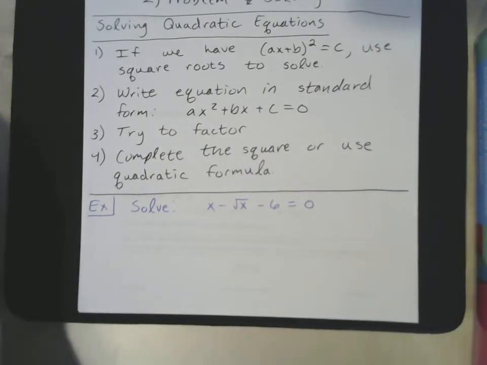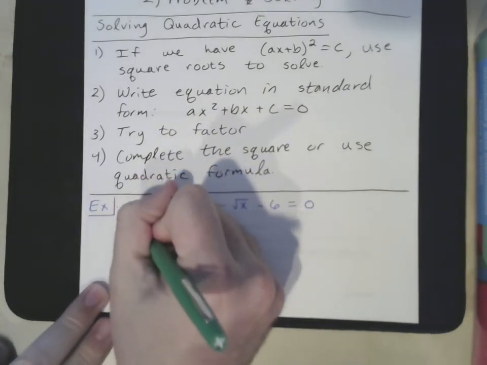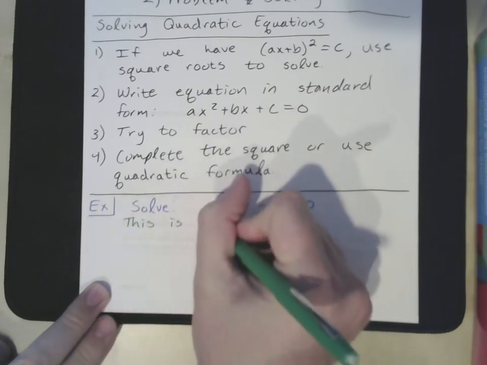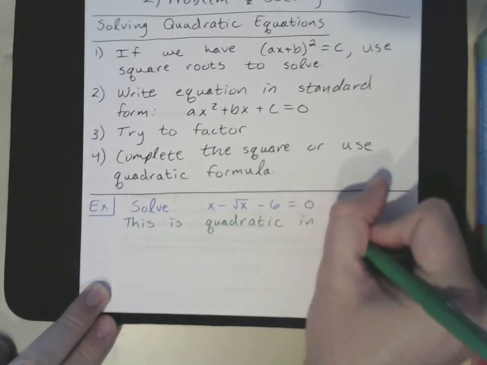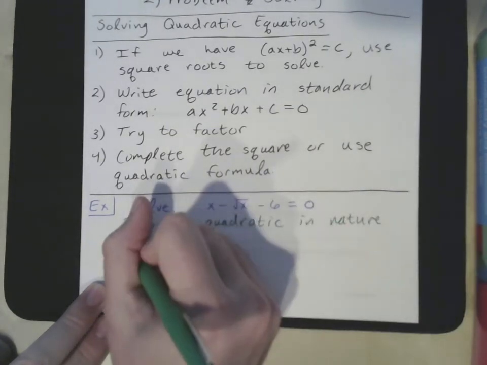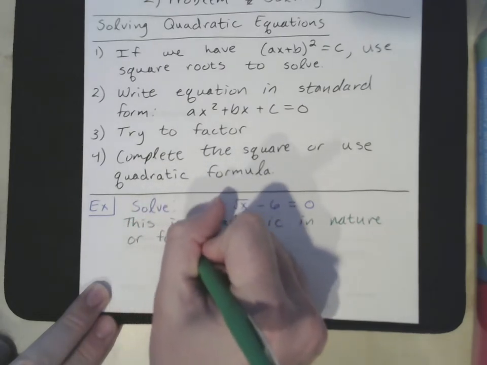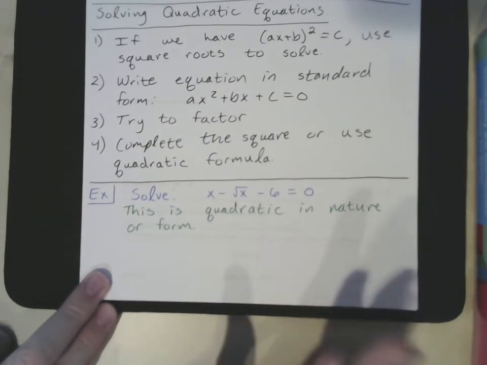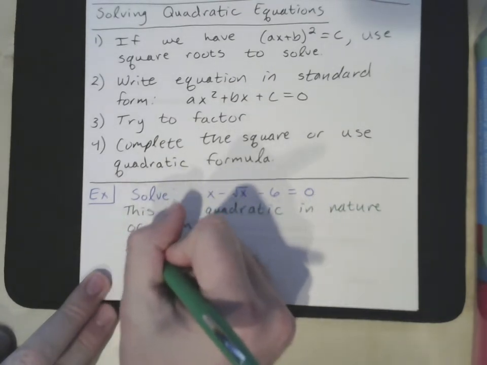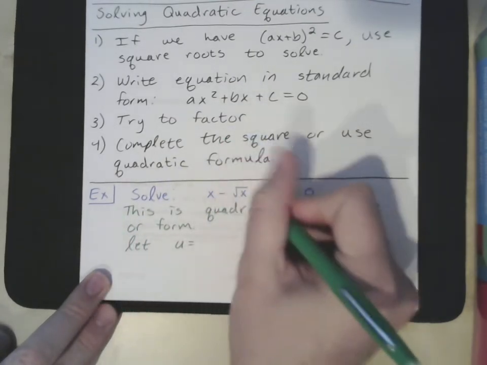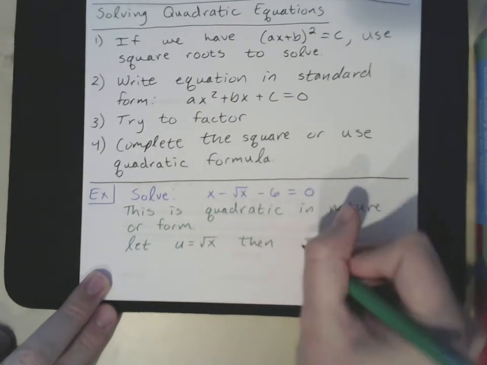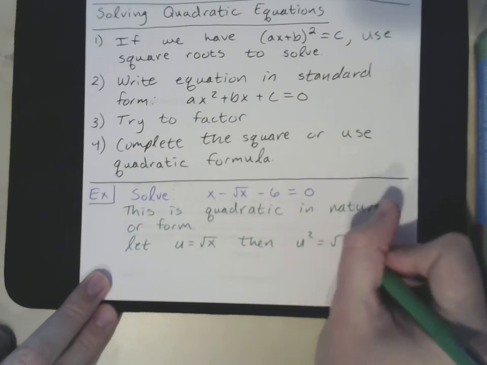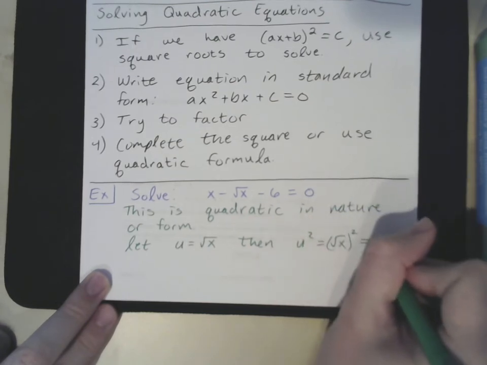So this is what we call quadratic in nature or quadratic in form. And the reason for that is if we let u equal the square root of x, then u squared is the square root of x squared, or just x.